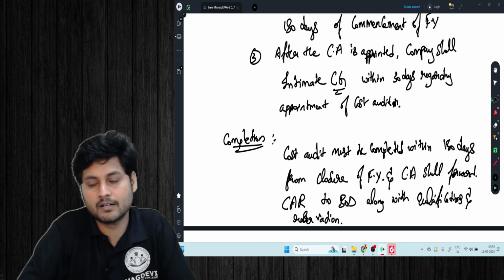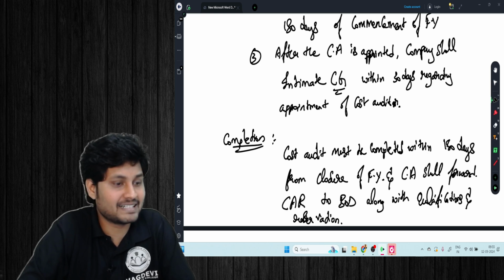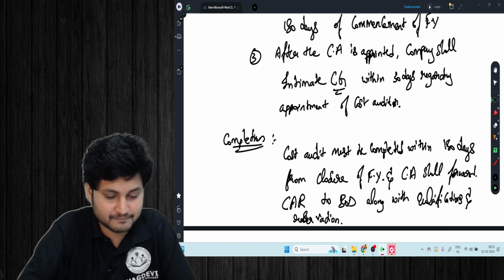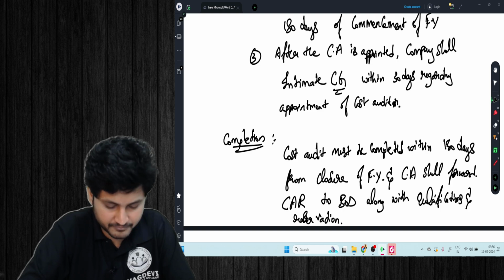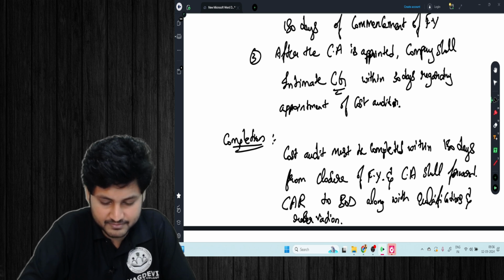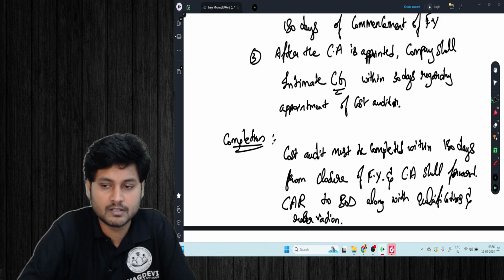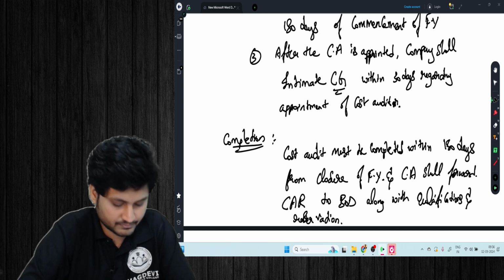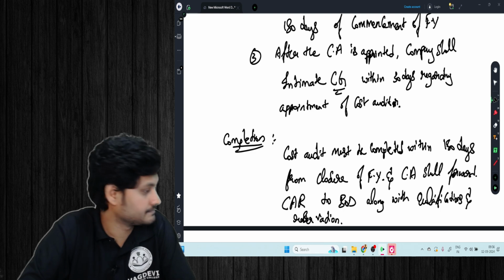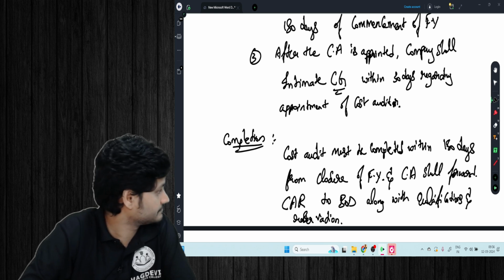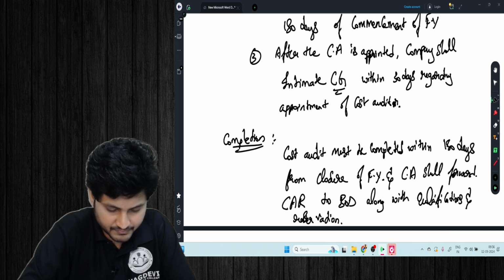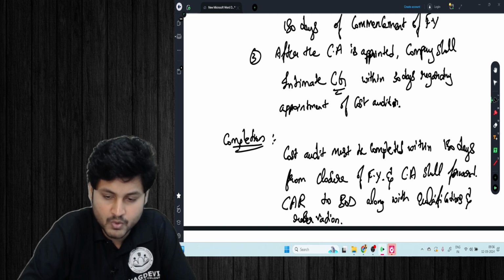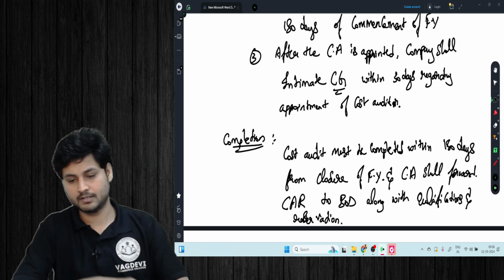And must also intimate CG within 30 days, regarding the appointment of casual vacancy auditor. Easy? Simple.